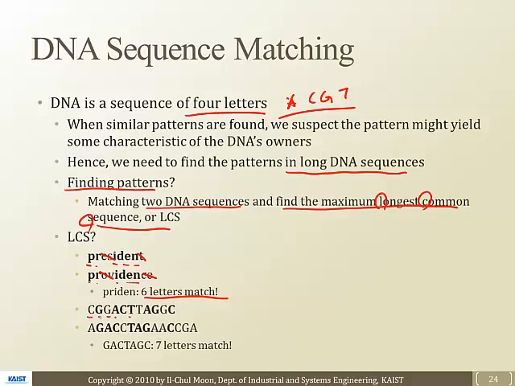And here, the matched sequence is G, A, G, A, C, C, T, T, A, G, G, C, C. If we drop all the other characters, this is going to be a perfect match. 7 letters match. How do we find these pattern matchings?